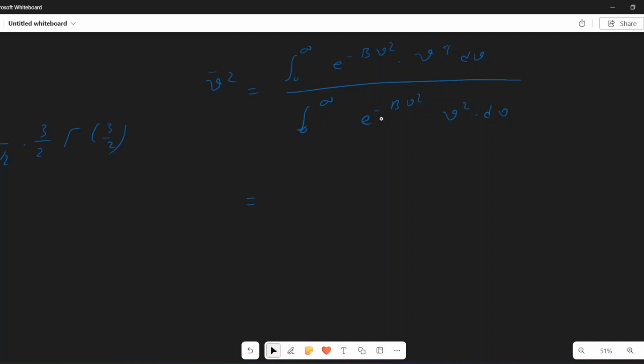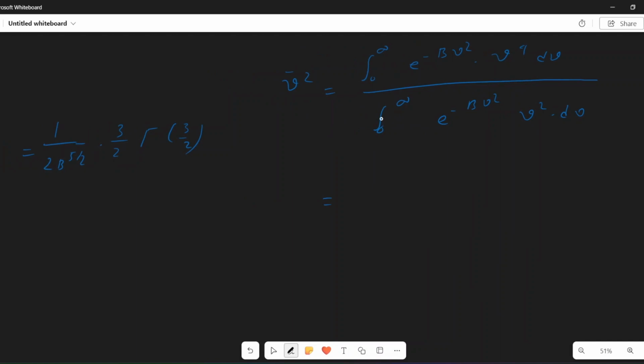The first is 1 by 2b to the power 5 by 2 into 3 by 2 gamma function of 3 by 2.